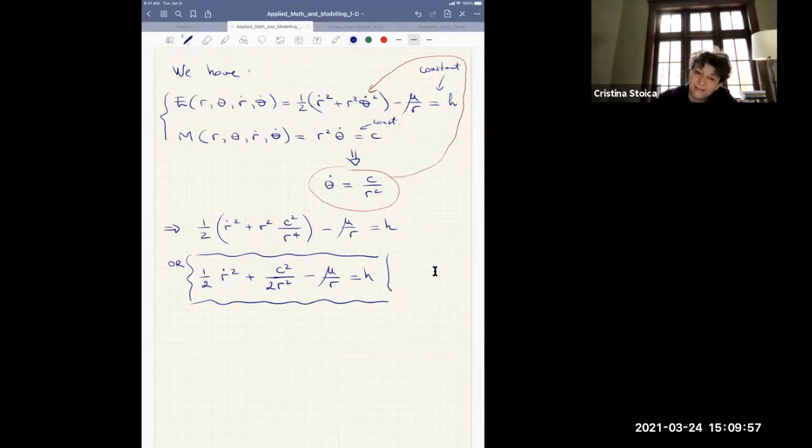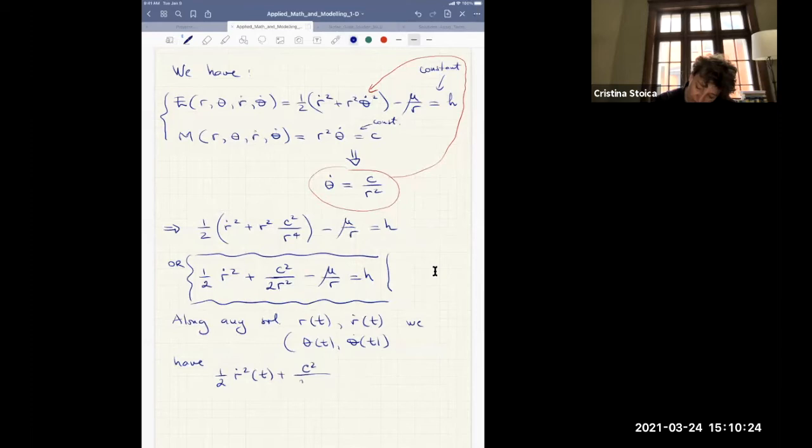So this is happening like this. Along any solution, r of t, r dot of t, theta of t, but we don't need theta here, we have 1/2 r dot squared of t plus c squared over 2r squared of t minus mu over r of t equals h, which equals 1/2 r dot squared of t0 plus c squared over 2r squared of t0 minus mu over r at t0.